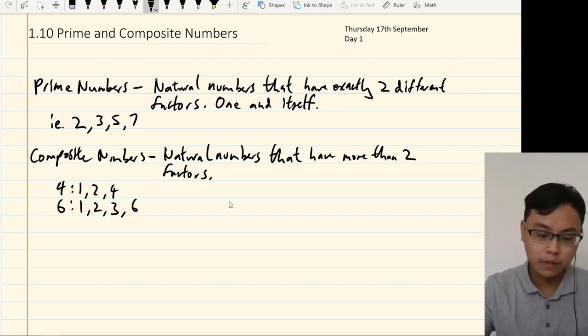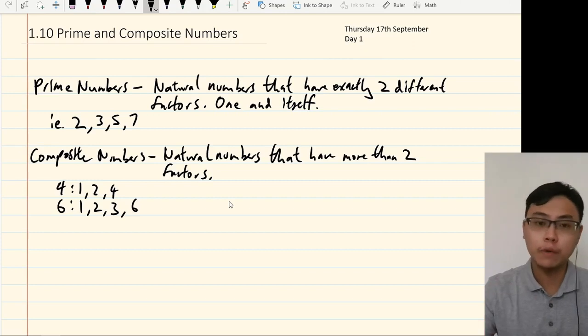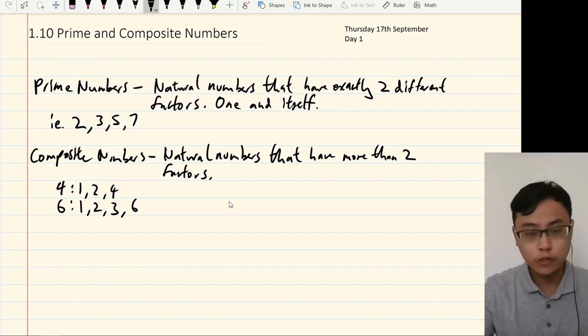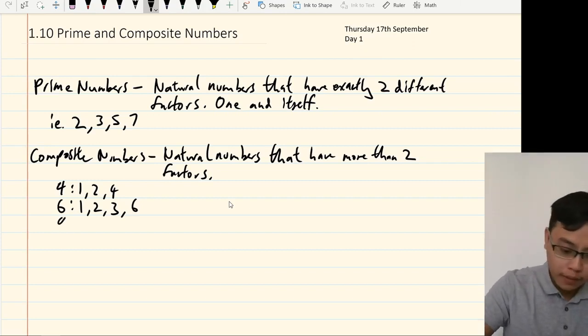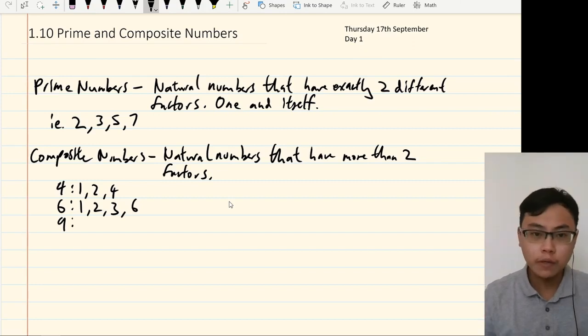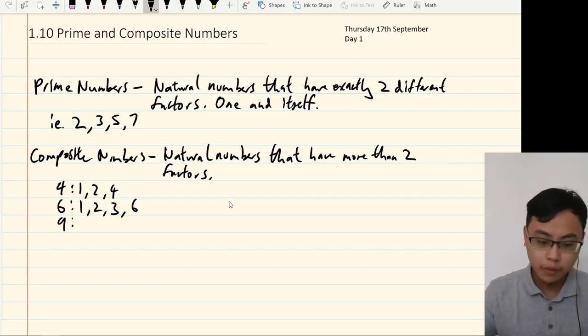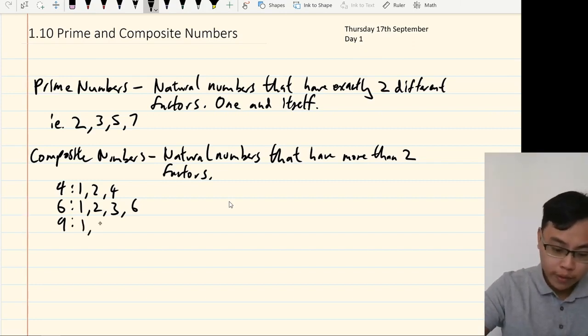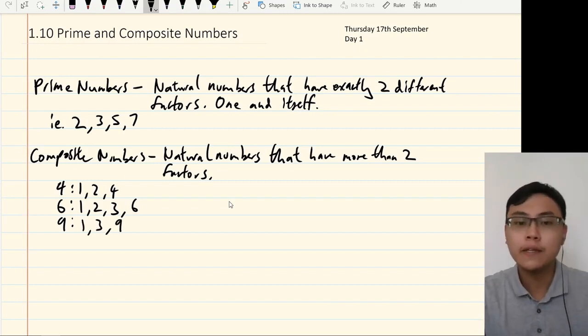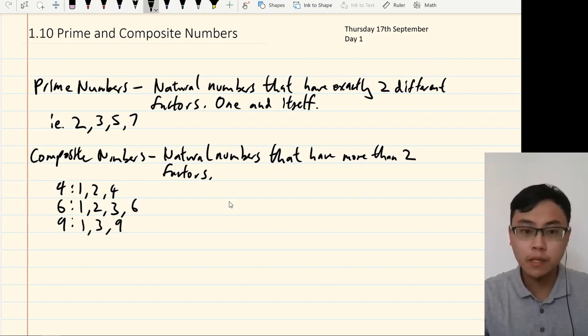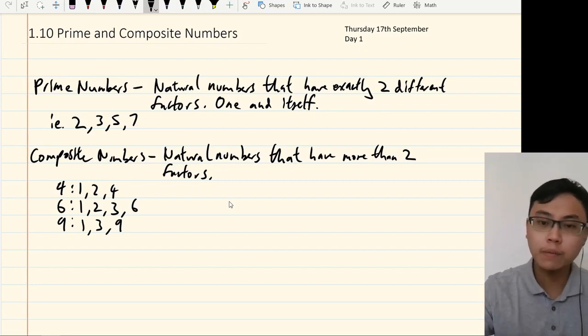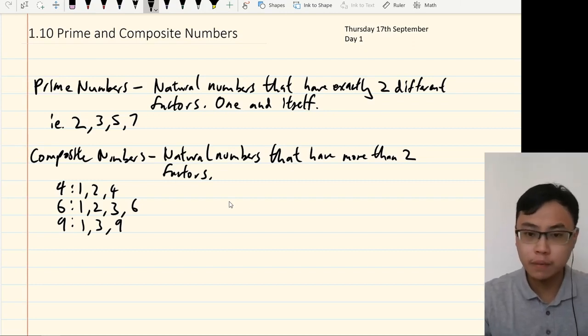What is an odd number that is not a prime number? 9 is an odd number, and it is also a composite number. The factors are 1, 3, and 9, so 9 is a composite number because it has 3 factors, more than 2. So these are prime numbers and these are composite numbers.